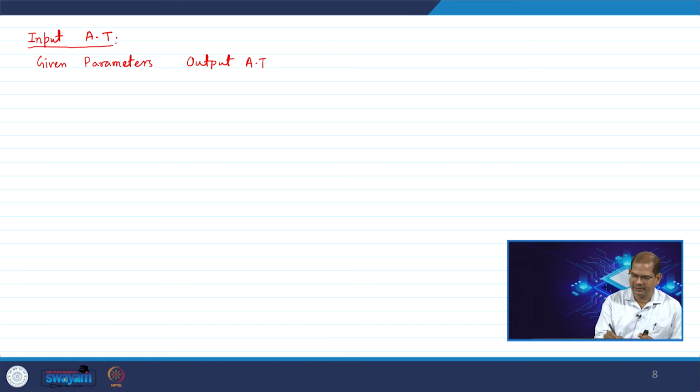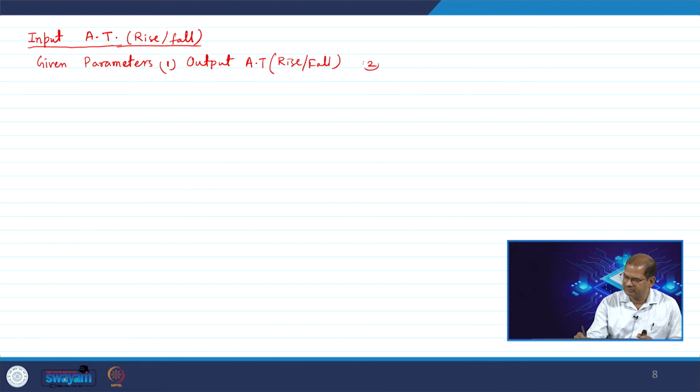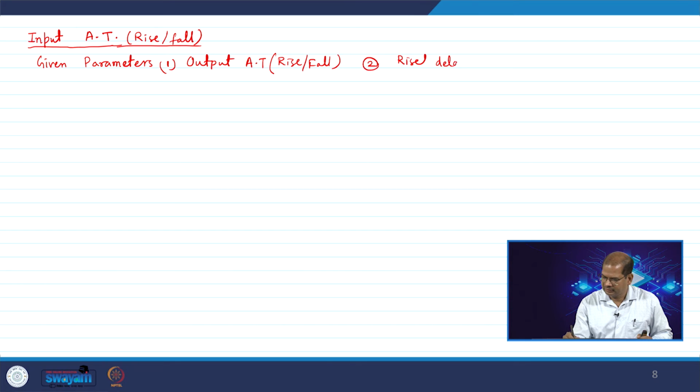So, whenever I am finding input arrival time, I have to do it for both rise and fall. The second given parameter is the rise delay and fall delay of the gate.